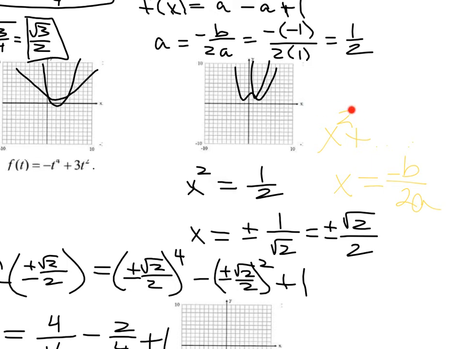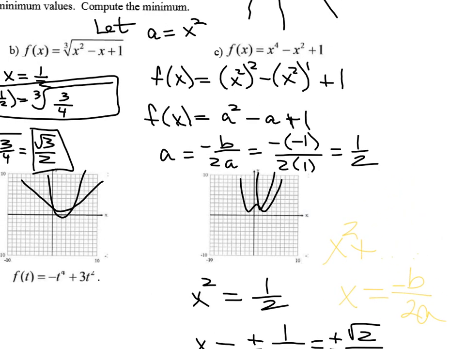So same with x to the 4th. If this was an x to the 4th quadratic like we have up here, note it won't work for all quadratics. It only works when you have this pattern of x to the 4th, x squared, and then a constant, because then you can think of it like this. So then we just simply have x squared equal to negative b over 2a instead of x equals negative b over 2a.